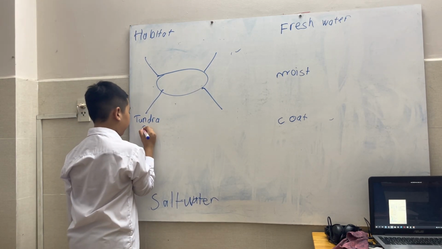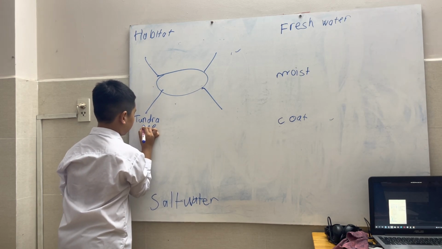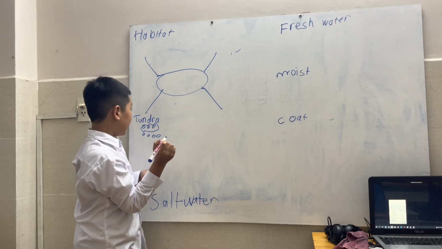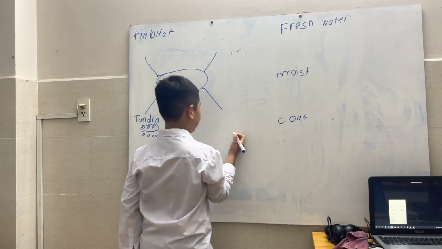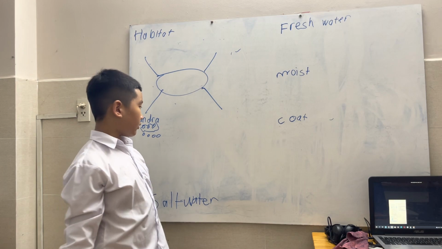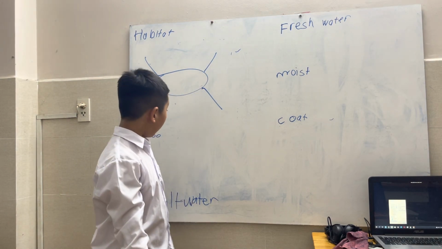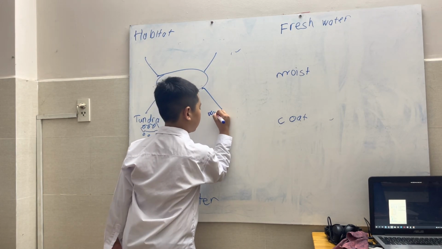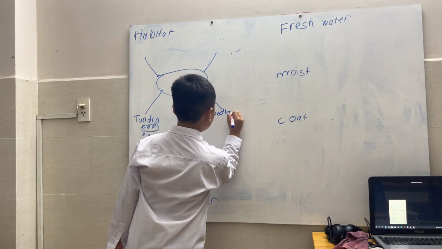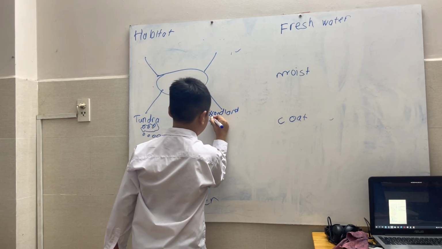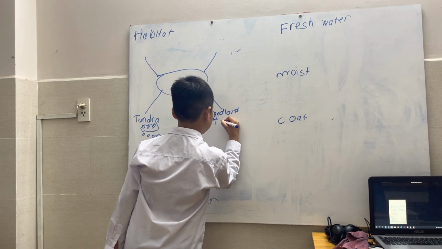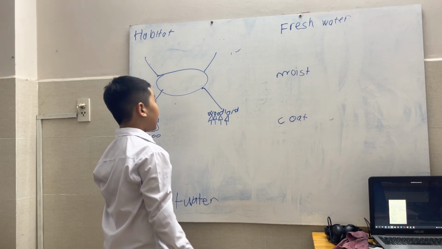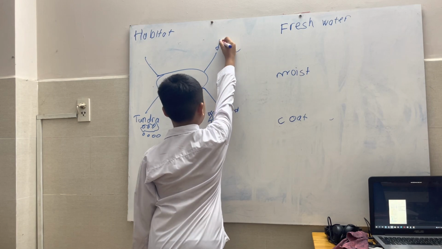A tundra is a very cold place. Okay, very cold place. Then we described a woodland. A woodland is lots of trees. So now let's describe one more.